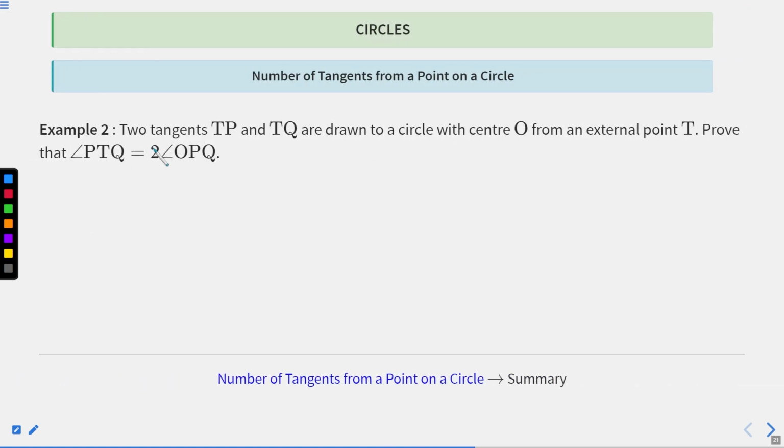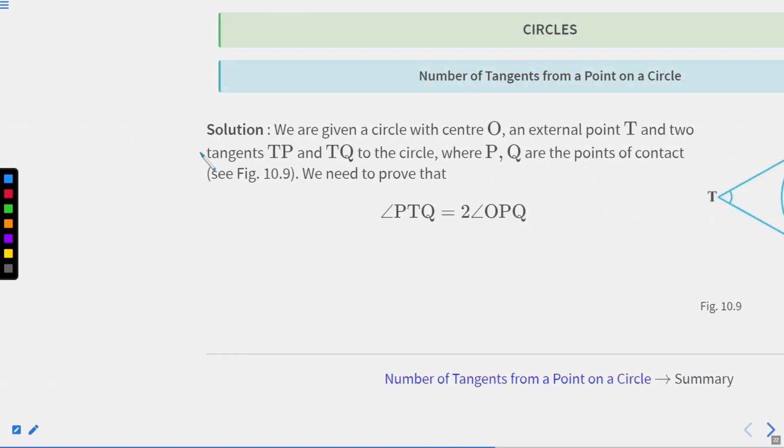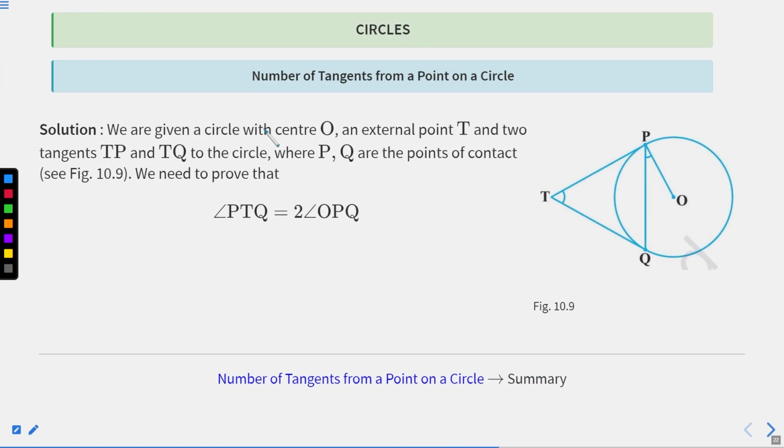And now let us see example 2. Here we have two tangents TP and TQ drawn to a circle with center O from an external point T, and we have to prove that angle PTQ is equal to 2 times angle OPQ.